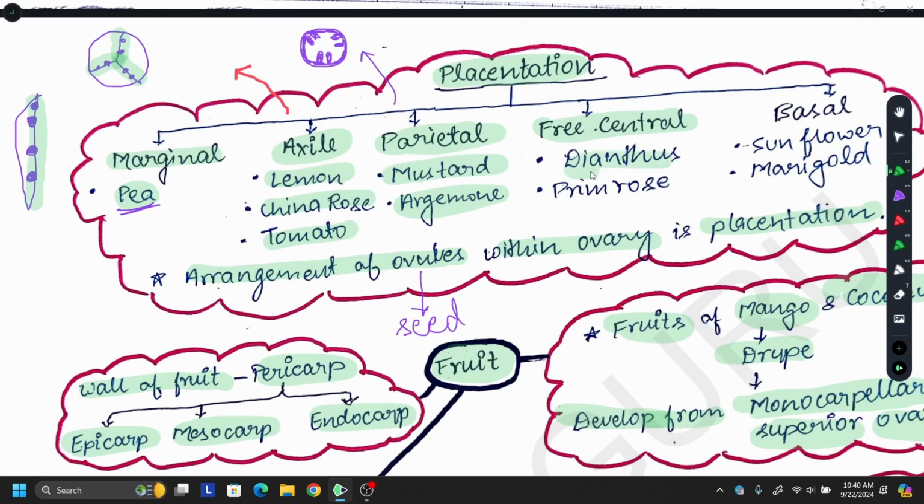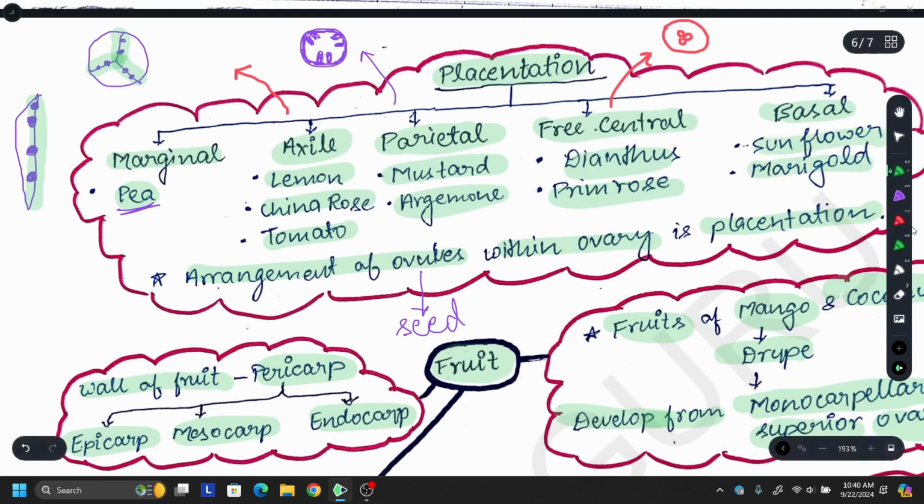Free central placentation is found in dianthus and primrose. In free central, the ovules are arranged in the center, something like this. So this is the free central. And in basal placentation, which is seen in sunflower and marigold, the ovules are basically at the base. If you draw the basal placentation in sunflower, it is something like this.